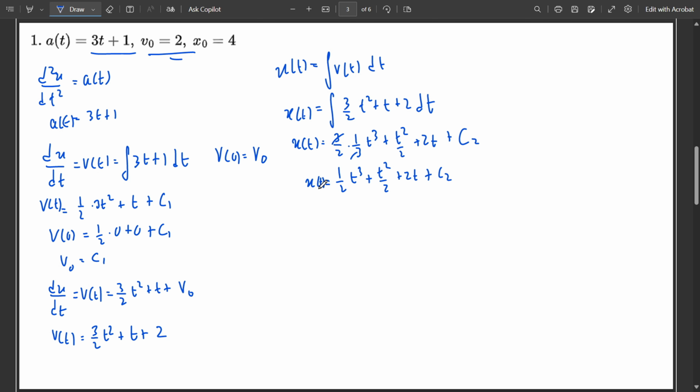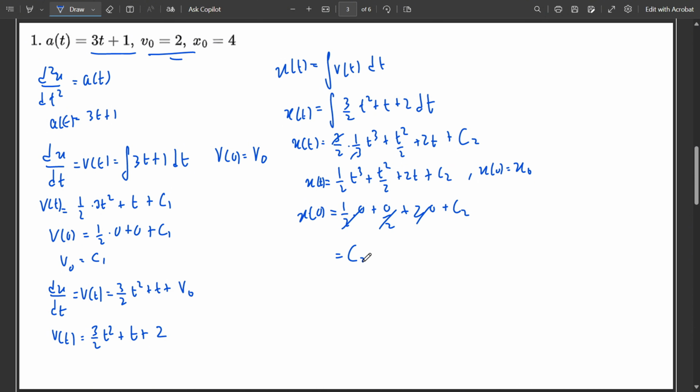X of t. Well, again, we need c2 to be our x initial, so we have x of 0 equals x initial to find the particular solution. x of 0 is just a half times 0 plus 0 over 2 plus 2 times 0 plus c2. Well, this all becomes 0.